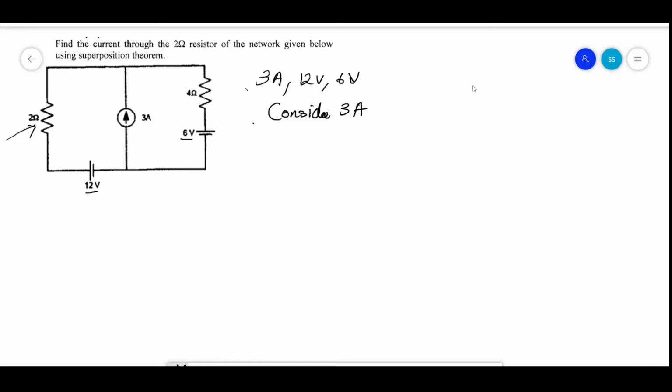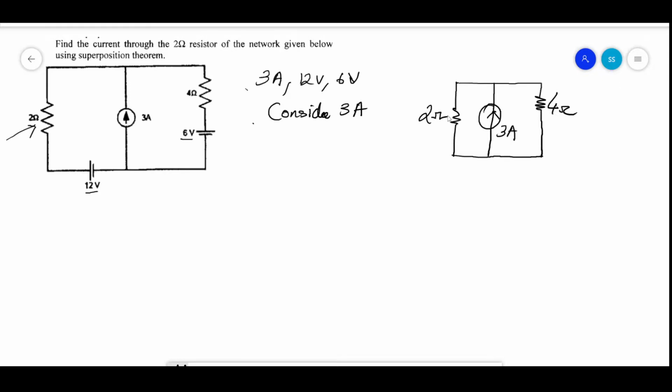So we have 4 ohm in series with this, then my 3 ampere source, and my 2 ohm resistor, and the 12 volt is also short circuited. Finally the circuit will look like this.